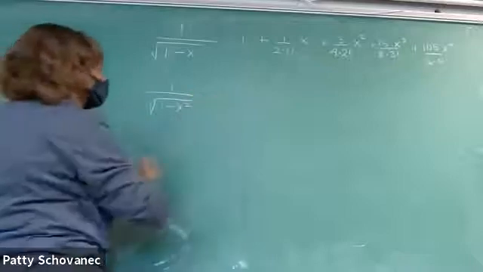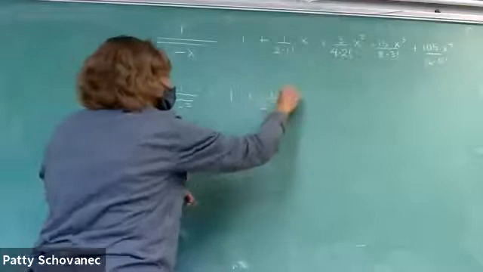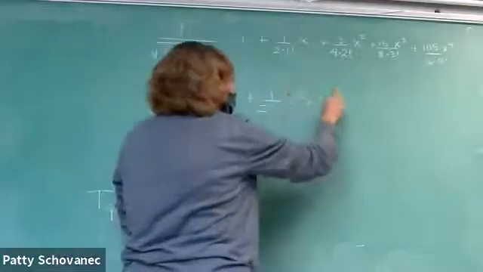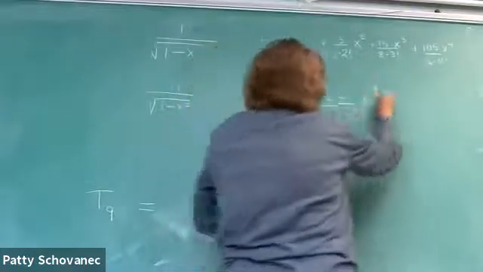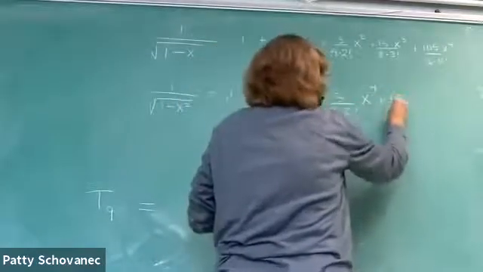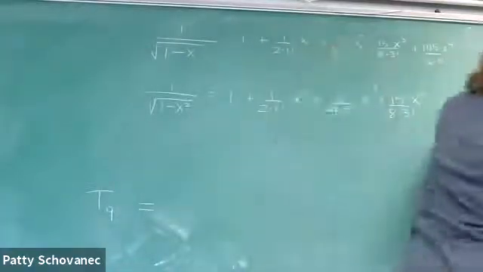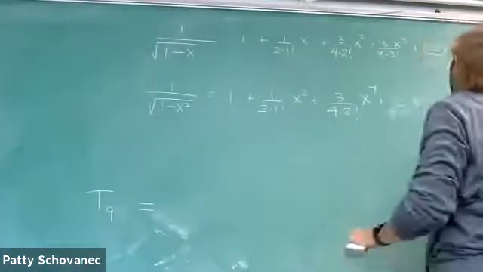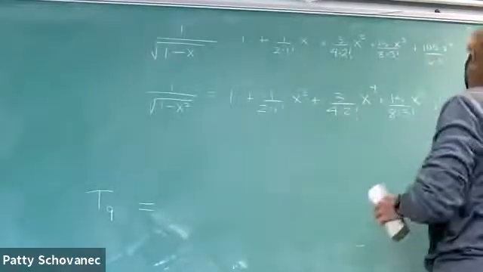So this time it looks like 1 plus 1 over 2 times 1 factorial x squared plus 3 over 4 times 2 factorial x to the 4th plus 15 over 8 times 3 factorial x to the 6th. One more guy out here, plus 105 x to the 8th.